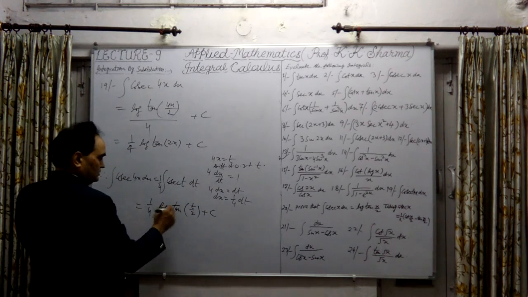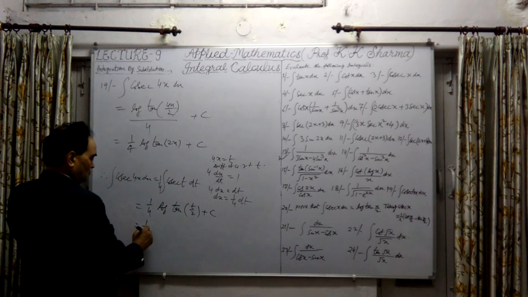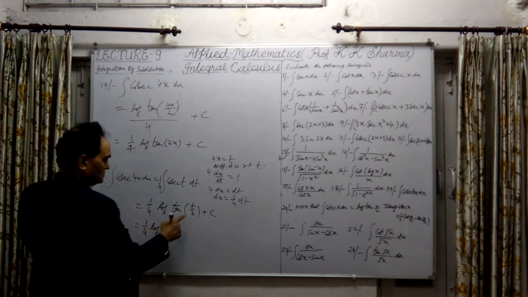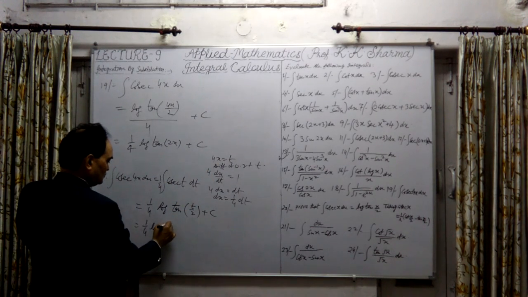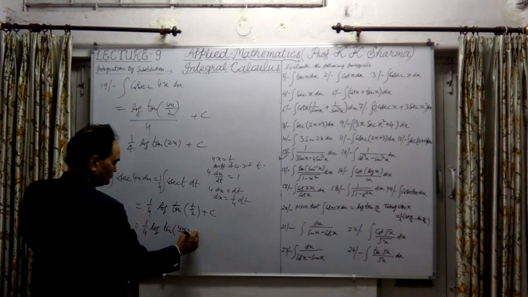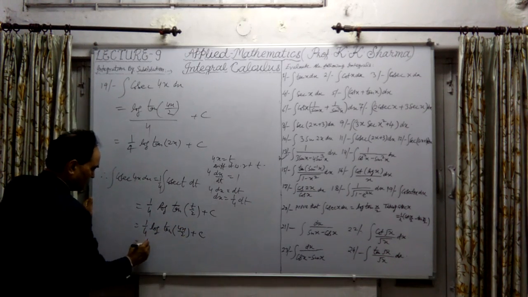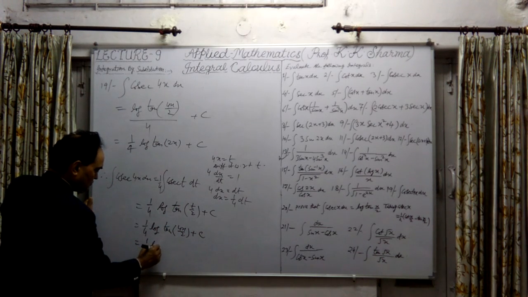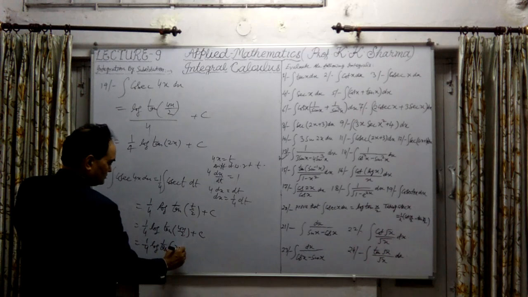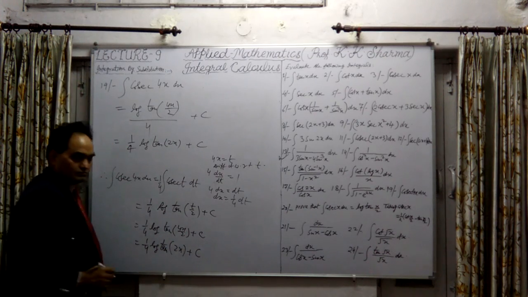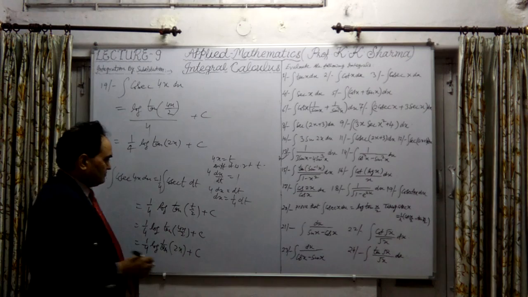So this is the integration of this, upon 4. Substituting the value of t as 4x, we get log of tan 4x upon 2 plus the constant of integration. The final answer is 1/4 log of tan 2x plus the constant of integration. This is the answer here.